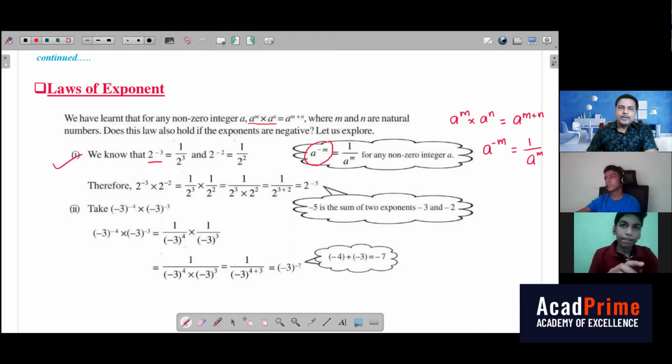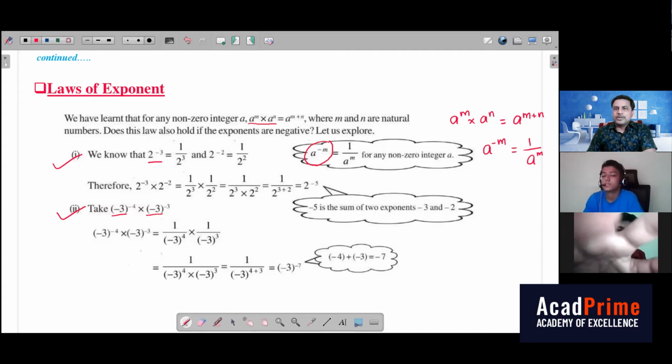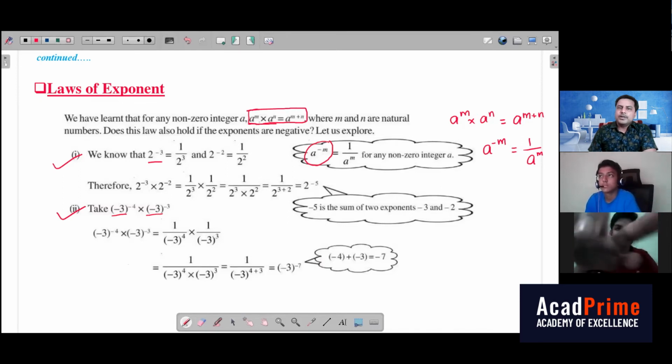Next, take another example: minus 3 raised to the power minus 4 and minus 3 raised to the power minus 3. As I have already told, if the base is the same, then the powers get added.